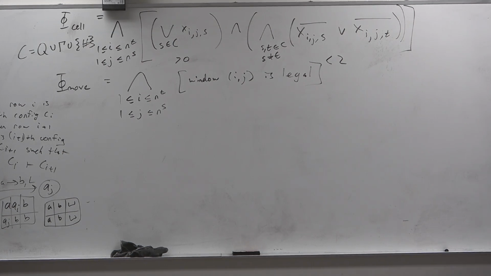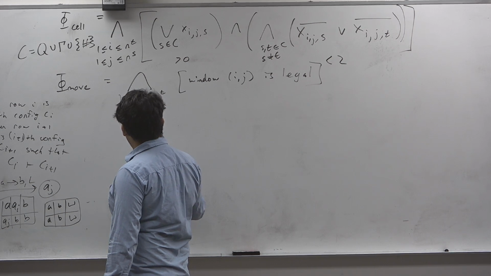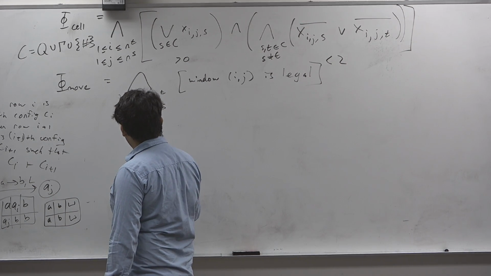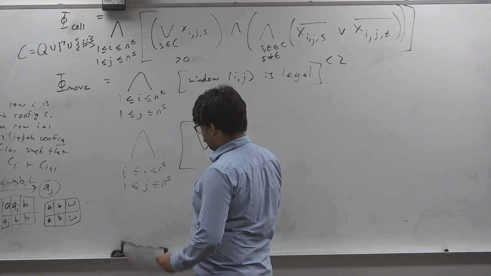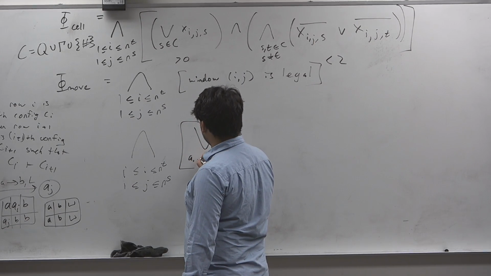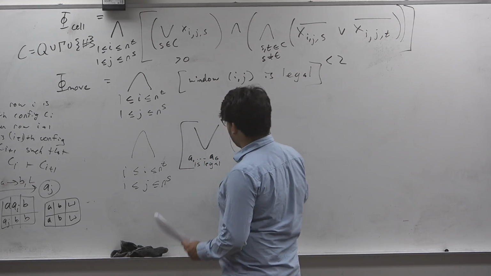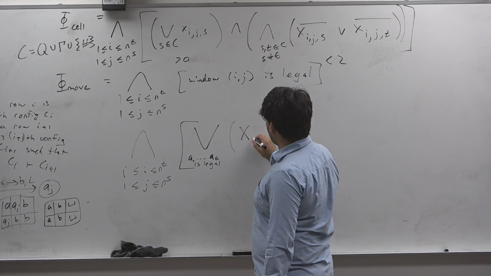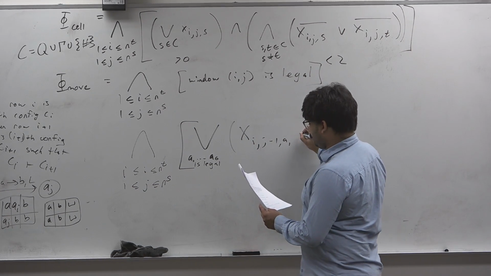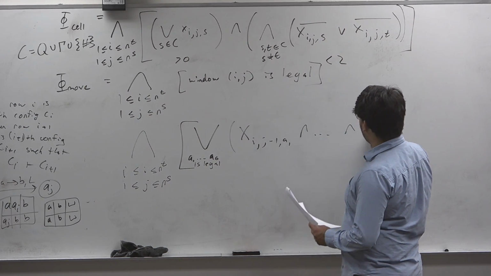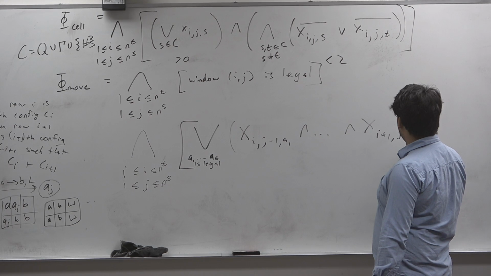So the way you'll do that is you'll say x at i, j minus 1, a1, and so on, up to x at i plus 1, j plus 1, a6. There we go.